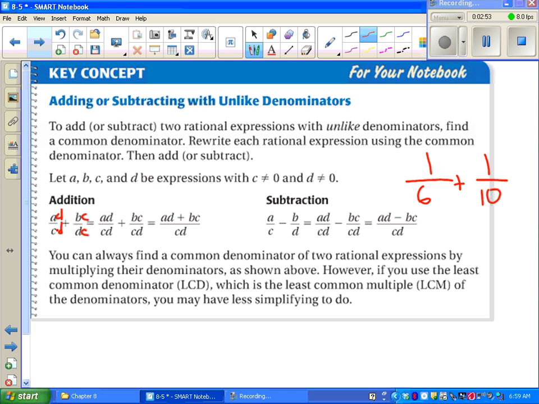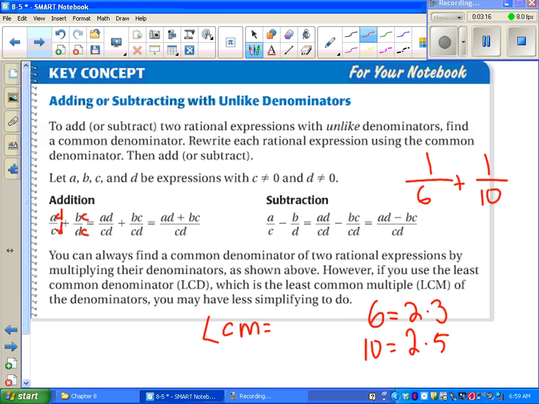The best way to find your common denominator is to factor both of the denominators. And to identify your actual least common multiple, which will be your common denominator, you look at each factorization and take the highest power of each number.